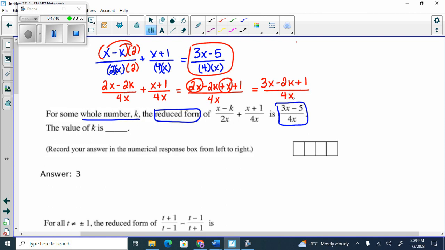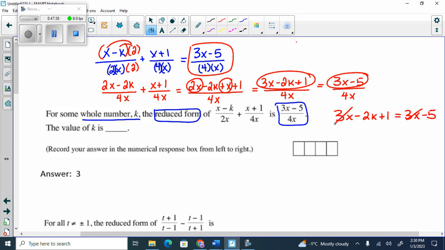Now that has to equal 3x minus 5 over 4x, right? Well, this has to equal 3x minus 5. So we're going to get 2k plus 1 has to equal 3x minus 5.